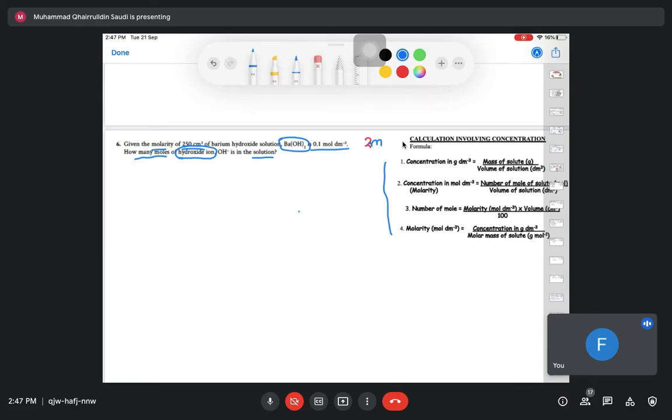Good, formula number 3. So number of mole for barium hydroxide is molarity 0.1 mole per dm cube times volume in centimeter cube, so divided by 1000, you will get 0.1 times 5.